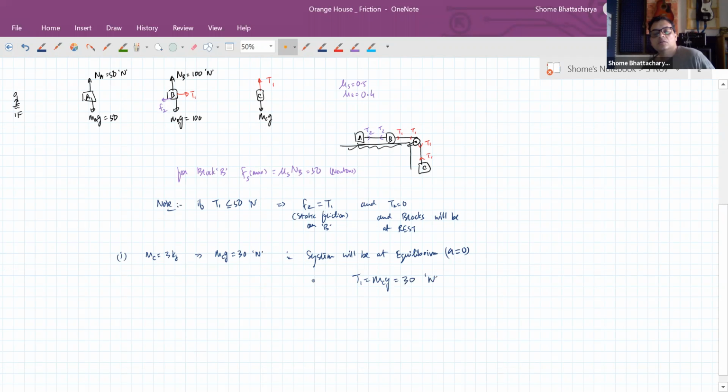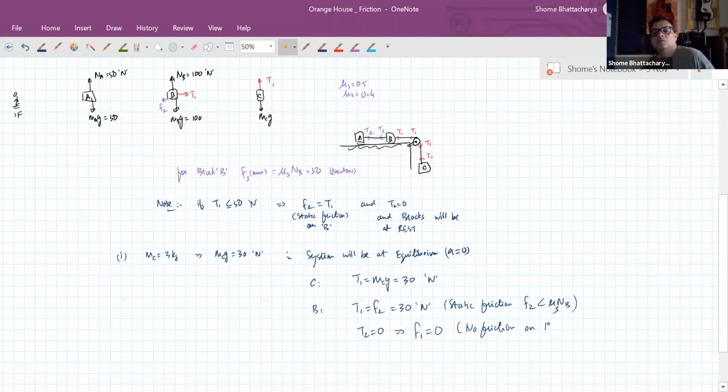So that is for block C. For block B, T1 will be balanced by frictional force. It will be 30 newtons. Okay, so it is static friction. It should be less than the limiting value. And tension T2 will be 0. So friction on the first block will be 0. No friction on block A.